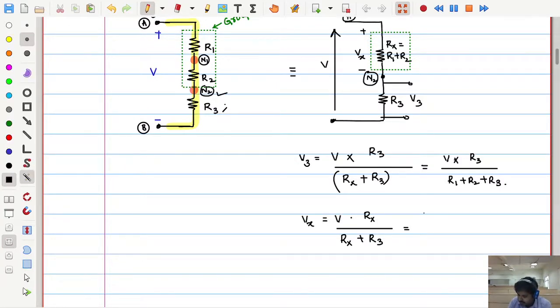Is this clear? So now you can say Rx is R1 plus R2, divided by R1 plus R2 plus R3. Clear? So in this way you can make some kind of analysis on the voltage distribution.